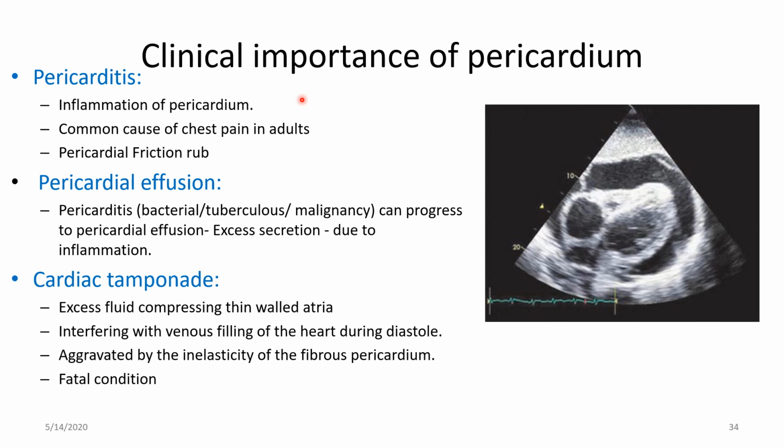And if the amount of fluid that is accumulating in the pericardial cavity is more because of pericarditis, it is called pericardial effusion. So excess secretion of pericardial fluid due to inflammation is called pericardial effusion.